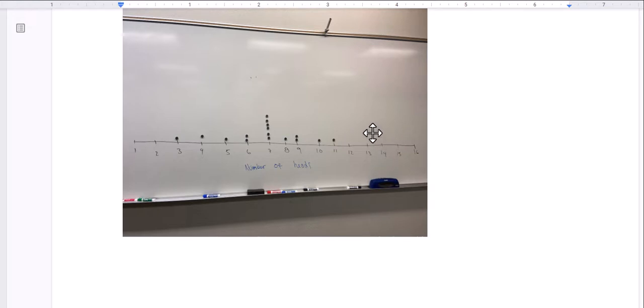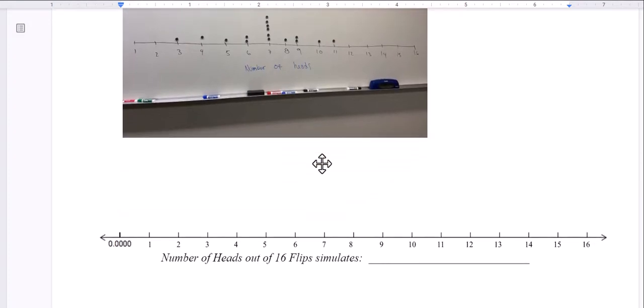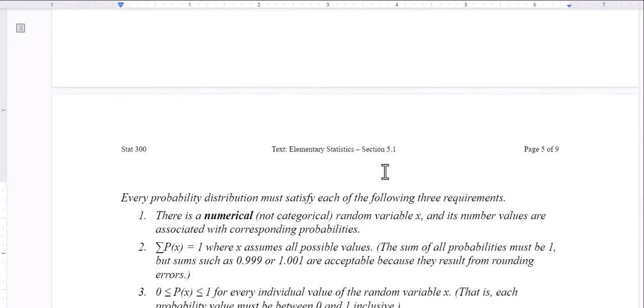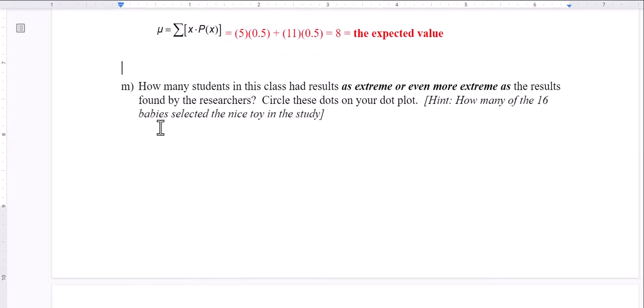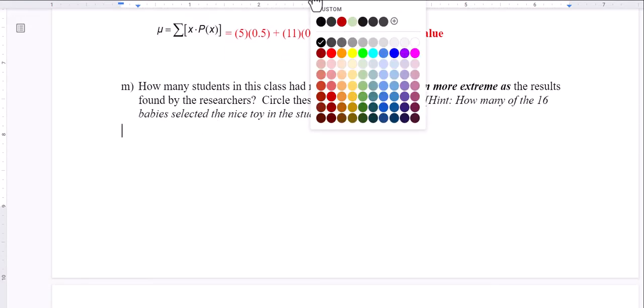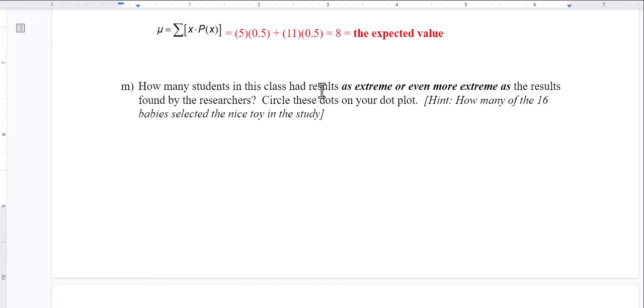Now you at home, if you got something like 13, 14, or 15 heads, please email me and I'll add them to future data, because we'll revisit this example later. In our case, in the dot plot that I've shared, nobody got 14 or more.